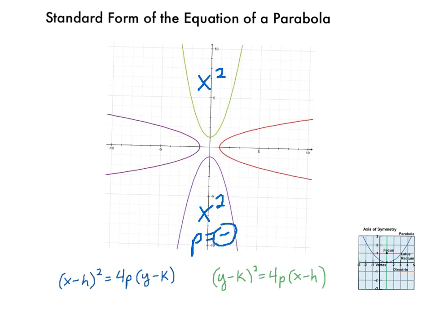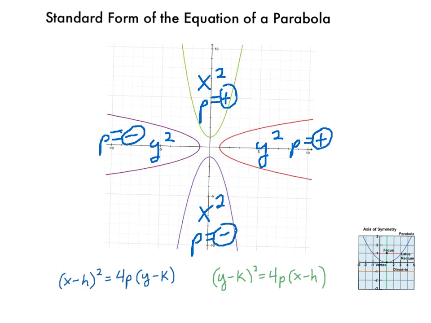This is an x squared parabola where the p-value is positive. And if you recall, these are your y squared parabolas. This is your y squared parabola when your p has a positive value, and this is your parabola when your p has a negative value. Once you figure out the p-value, which we'll do in a second, you'll know which way your parabola is facing.